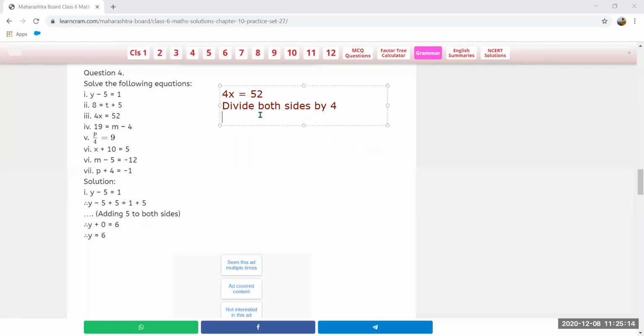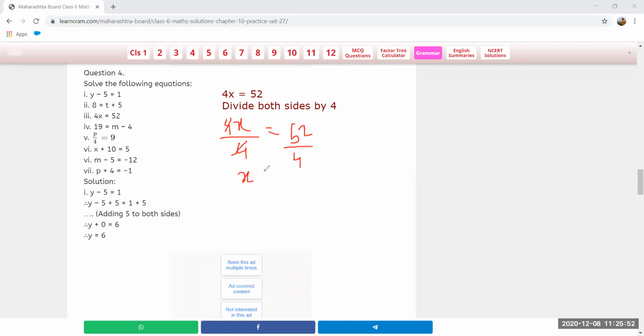Now, if I divide this 4x by 4 on both sides, then here 4x will be divided by 4, is equal to this 52. This 52 would get divided by 4 again, right? That means this 4 and this 4 get cancelled.